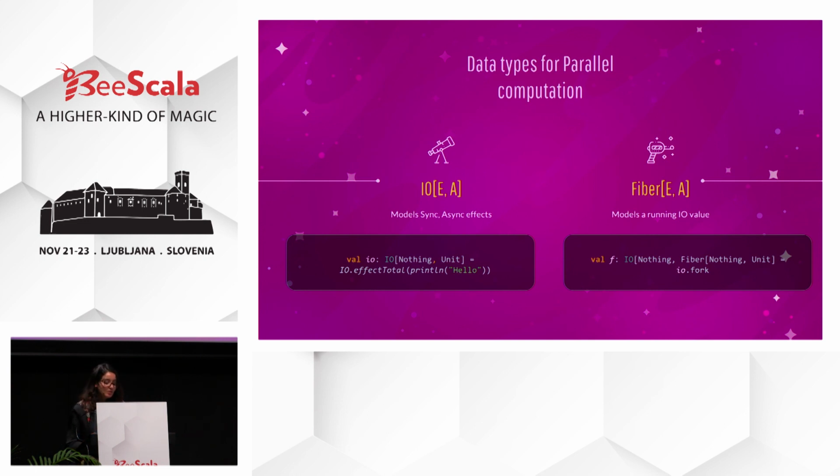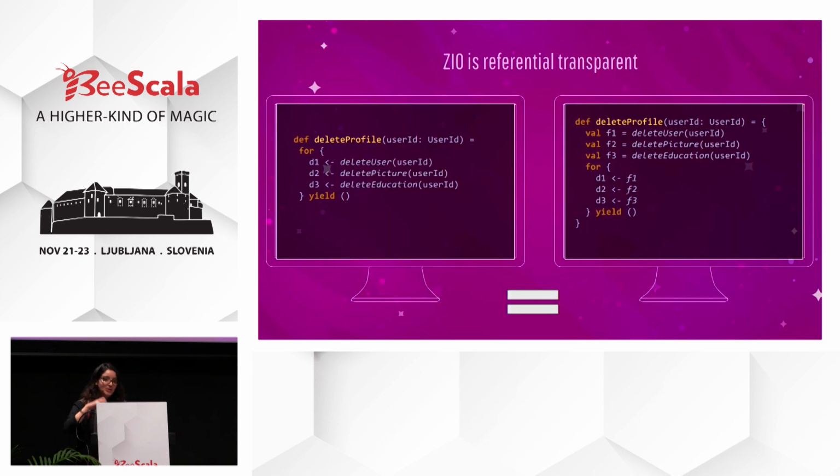So it will save a lot of resources in your hardware. And when you define a simple I/O and you want to run it in a separate thread, you can just use that I/O and call .fork. Now you will build an I/O that will be running in a different thread. And Zio is referentially transparent. The program will not change its meaning if you inline your code.